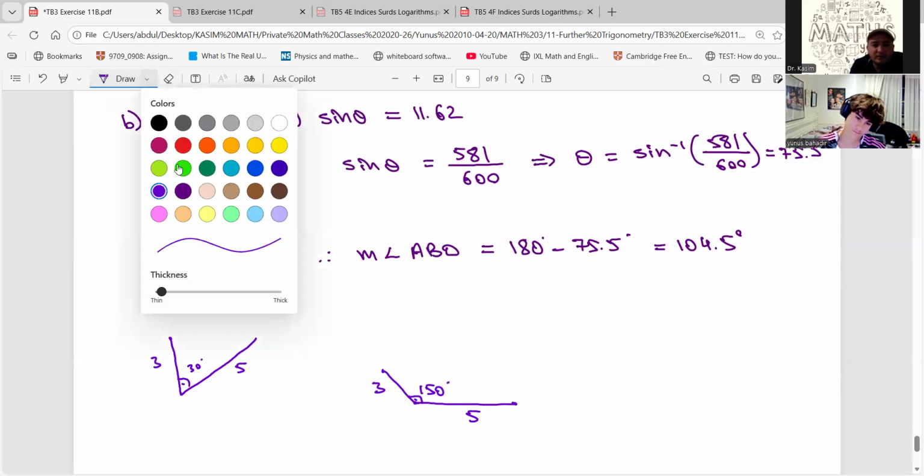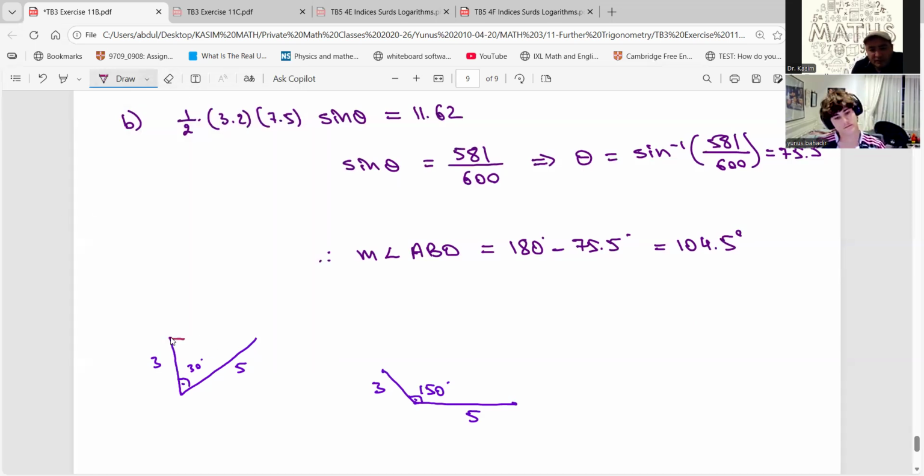If you connect the third side, for example, if you just join this and also join this, that means they have the same area. They have the same area because sine of 30 degrees is equal to sine of 150 degrees.